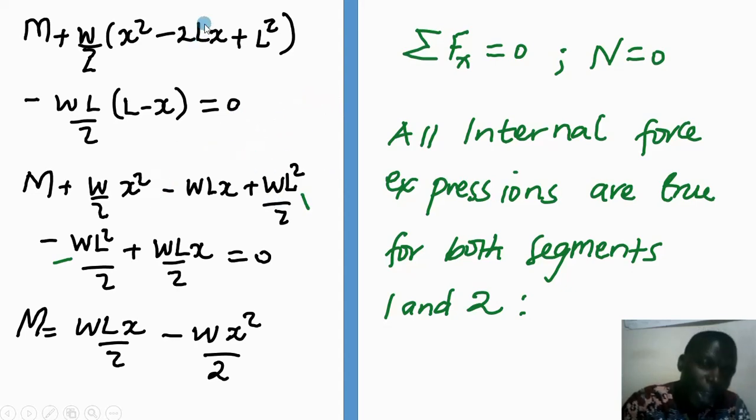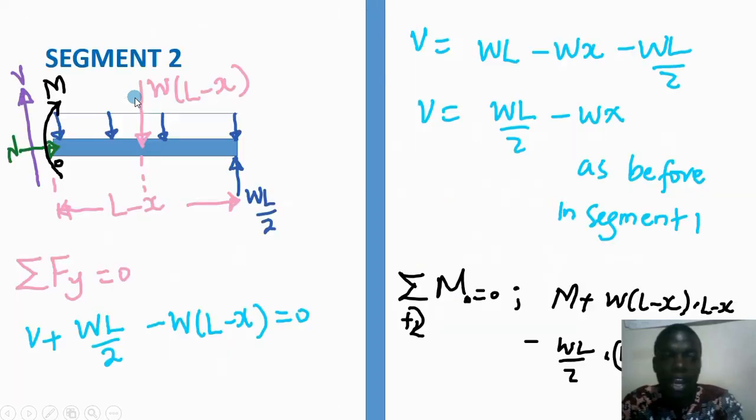So if we square, you'll have X squared minus 2LX plus L squared. Then, of course, minus the counterclockwise moment as a result of this WL out of 2, whose line of action is at a perpendicular distance of L minus X from this point O where we are taking moments.